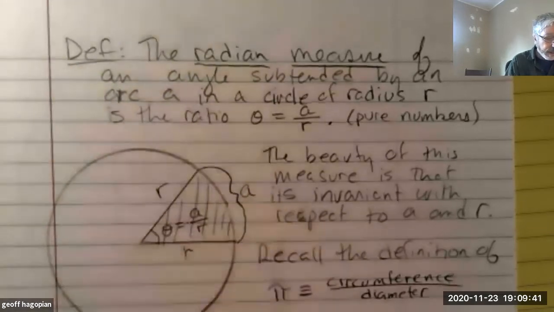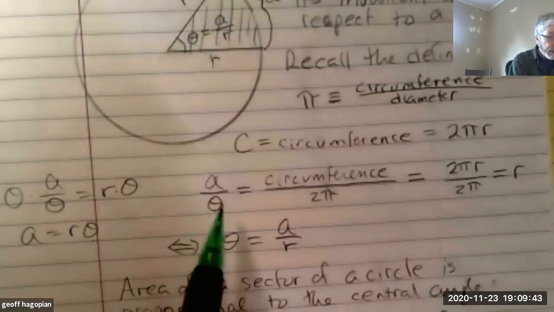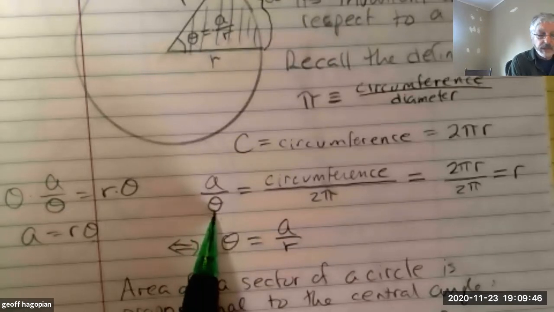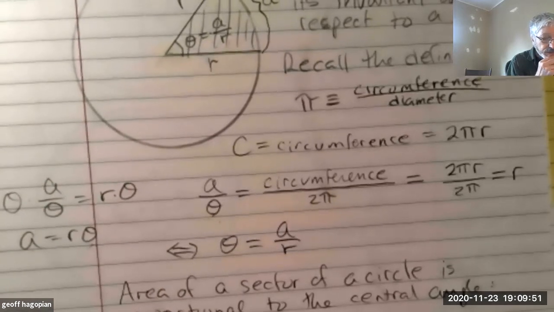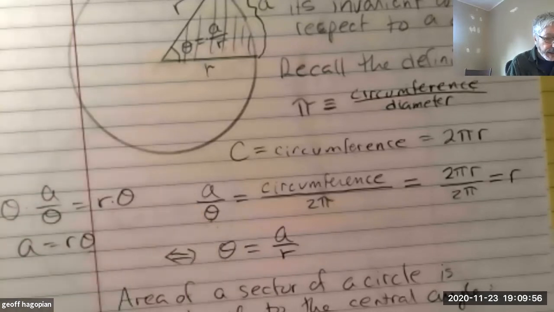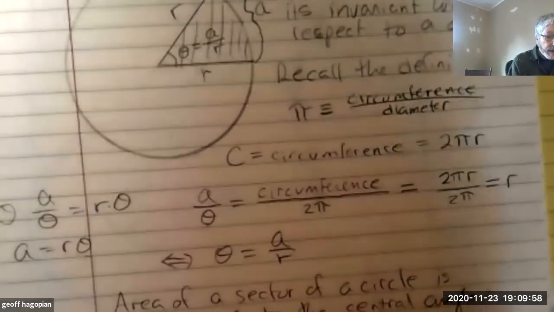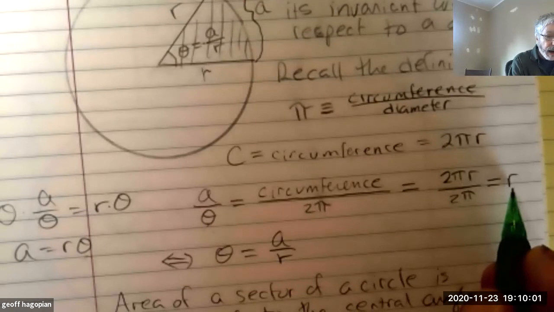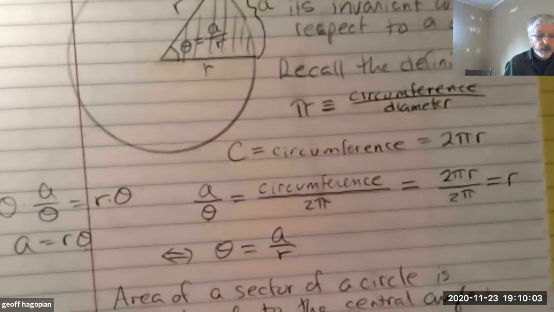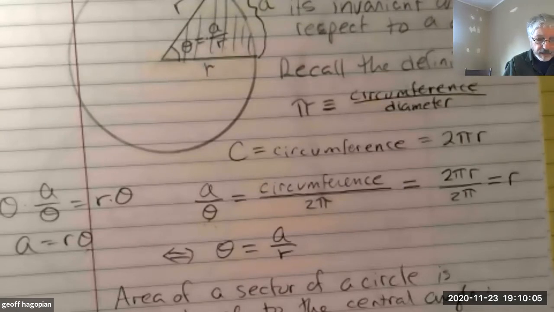We said that the ratio of arc length to the central angle it subtends is proportional, so any arc length to its central angle will give you a value of r, which is the radius of the circle in which we find that arc length.